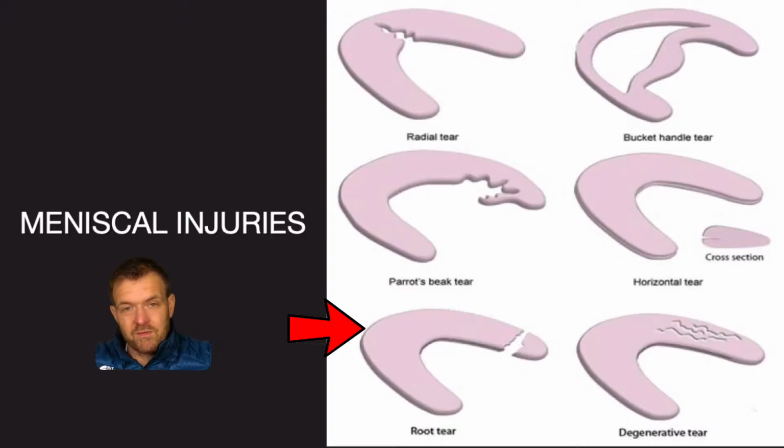And are they the reason for the symptoms, or maybe they're not the reason for the symptoms and it's something else. So sometimes it's a bit harder than just going, oh, if you've got a radial tear, you will have pain. It's not always as simple as that.